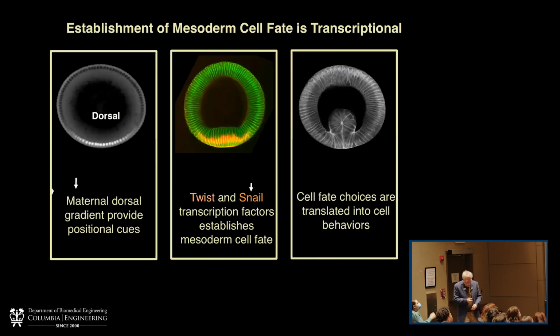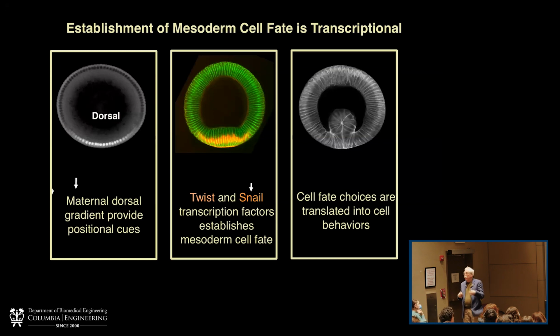In Drosophila, we know that the patterning in the embryo, and we're looking now at a cross-section of the embryo, the patterning of the embryo and the specification of mesodermal cells on the ventral side of the embryo depends on a gradient of a maternal protein called Dorsal that provides some positional cues and defines these cells here as ventral in fate.